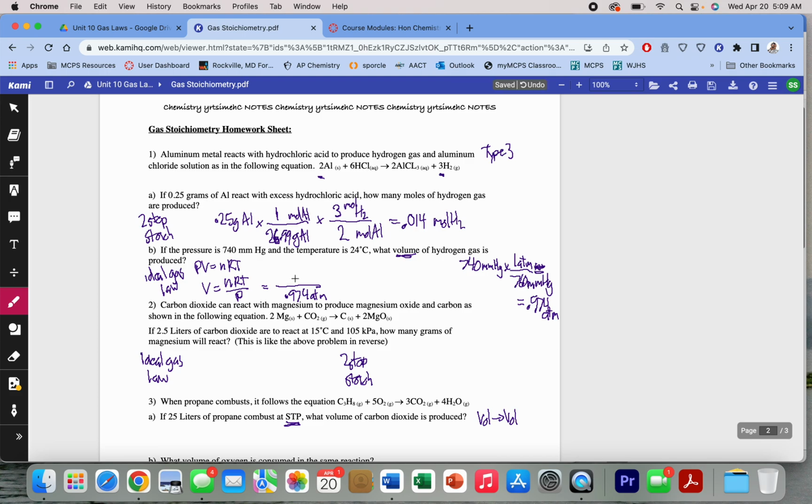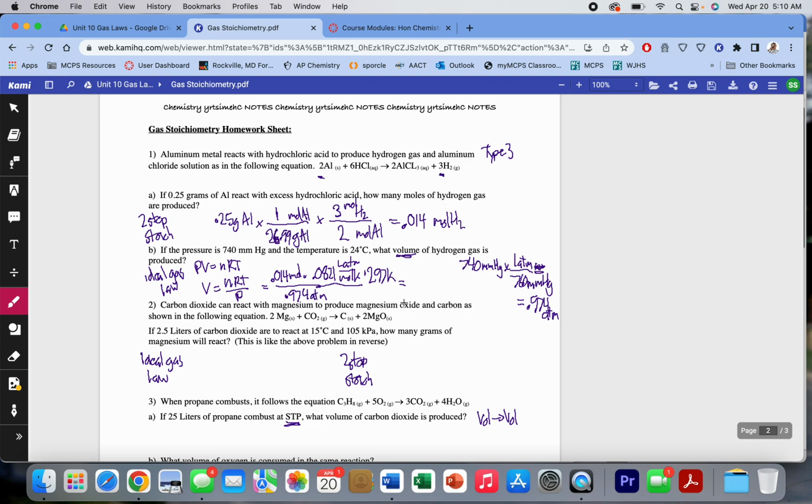In terms of the moles, I have the moles from up here, so 0.014. R, I'm going to use with atmospheres, so R is 0.0821 liter atmospheres per mole Kelvin. And then the number of Kelvin, 24 plus 273 is 297. So 297 Kelvin.